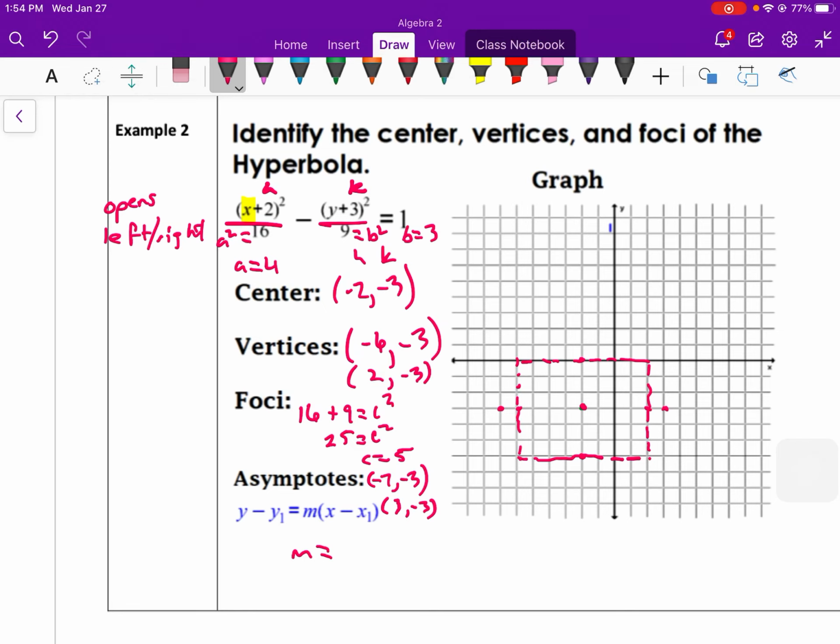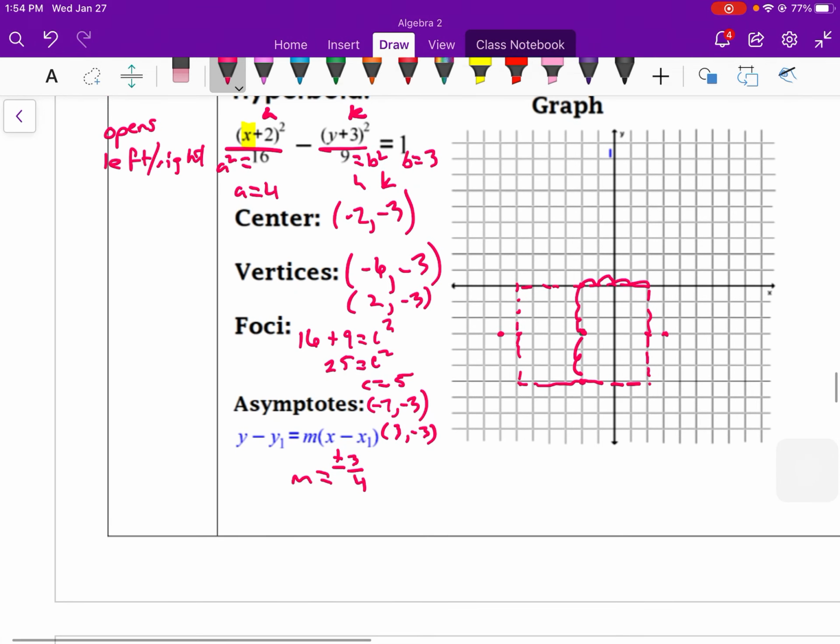Our slope is going to be 1, 2, 3, 1, 2, 3, 4. And it's going to be plus or minus, because we also can go down and then over 4. We're using our center values for y1, x1 again. So y minus a negative 3 equals plus or minus 3/4 x minus a negative 2.